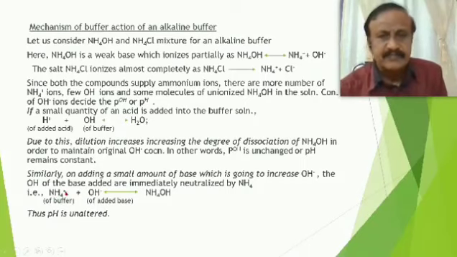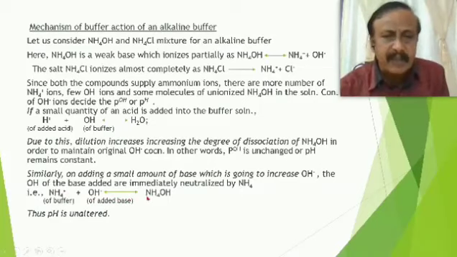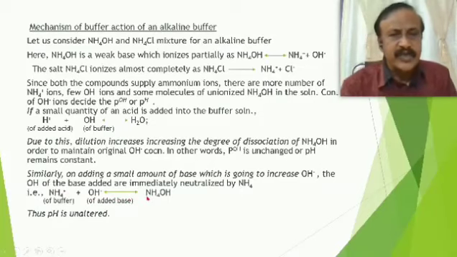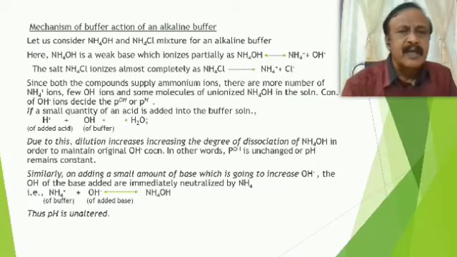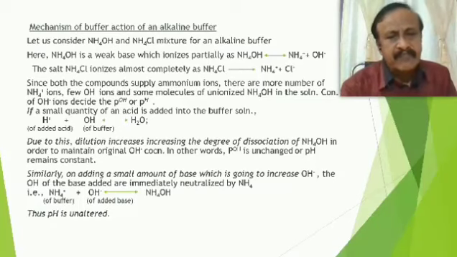NH4 plus, ammonium ions. There are more number of ammonium ions. They will come and neutralize these OH minus, and therefore there is no change in OH minus, or no change in H plus, or pH is constant. The pH of the solution is not altered when we add an acid or a base into this buffer also.